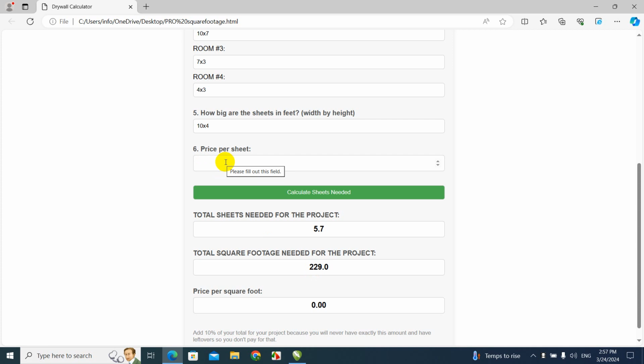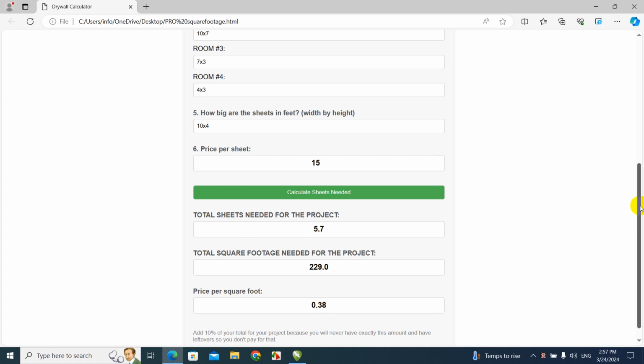Now, if you know the price of your sheetrock or whatever type of sheet or dimension you are using, let's say, just as an example, $15 each sheet of 10 by 4, you pay for that, and it's telling you you're going to invest about 38 cents for every square foot for all your project, okay?